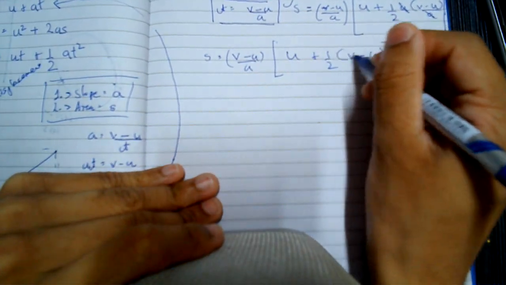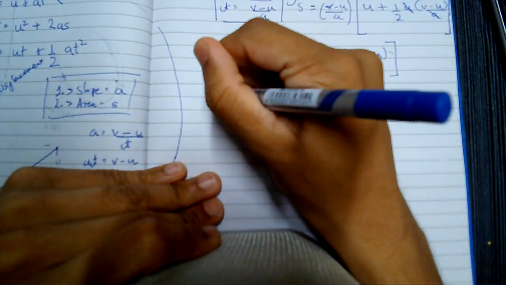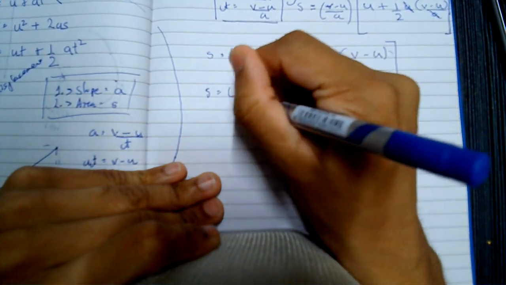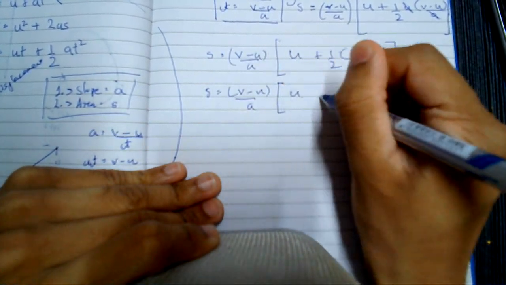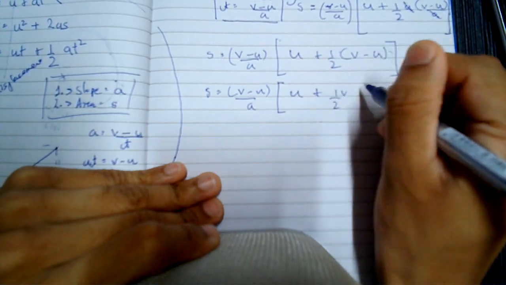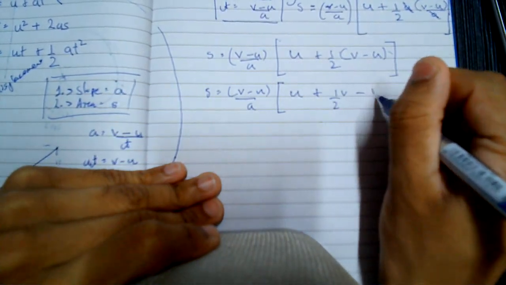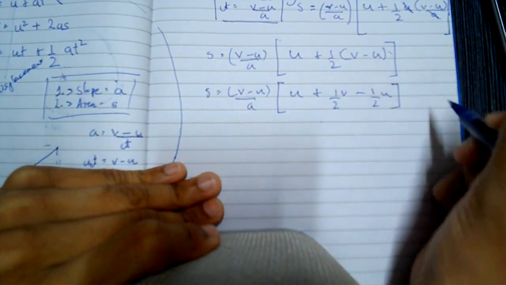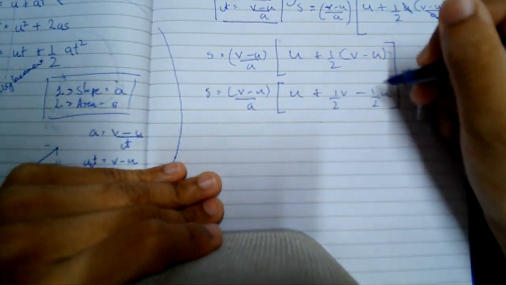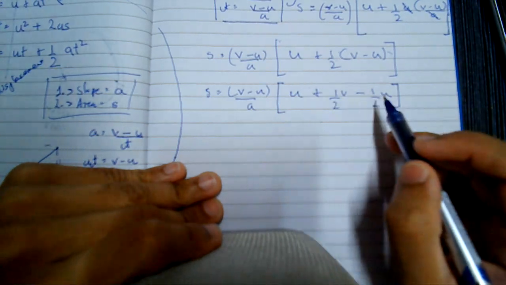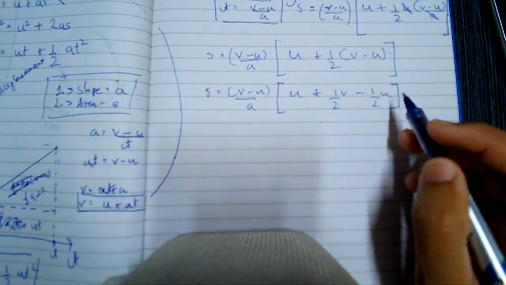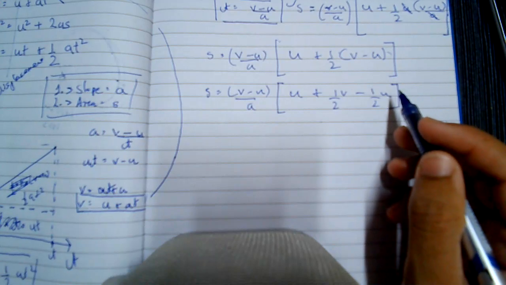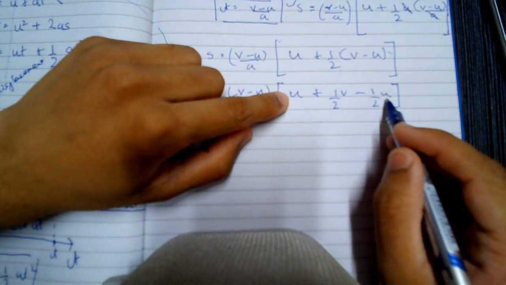I'm going to open these brackets up, so I get s is equal to v minus u over a into u plus half v, plus half into minus becomes minus half u. Now this is a u and this is another u, so u minus half u. What's 1 minus half? This is 1u minus half u.